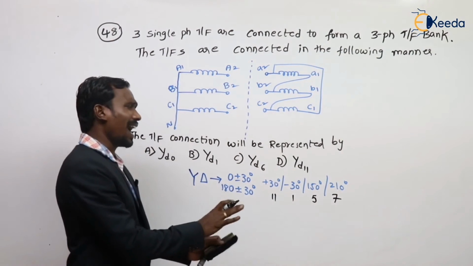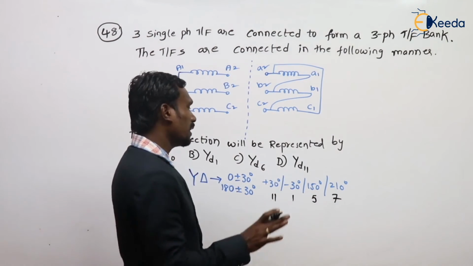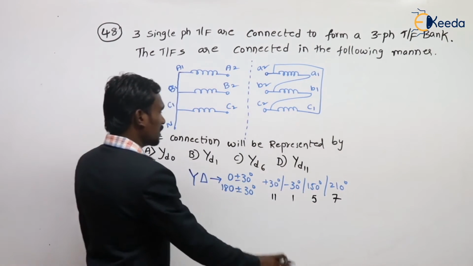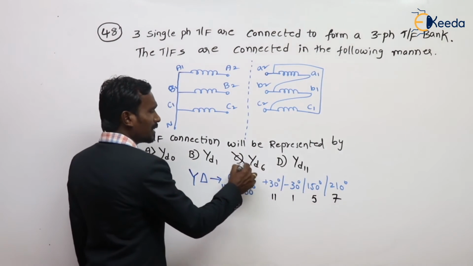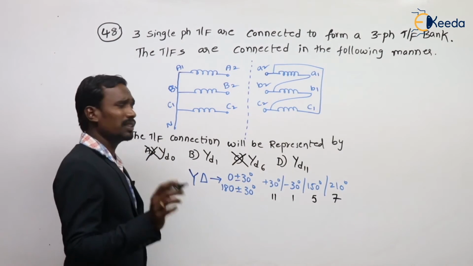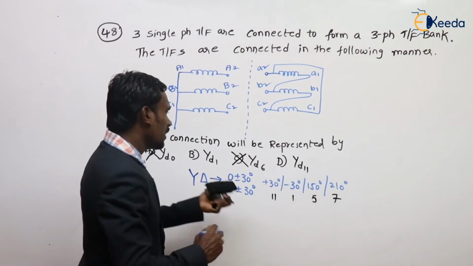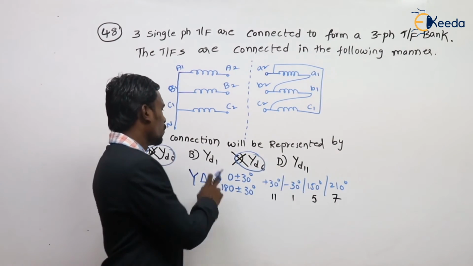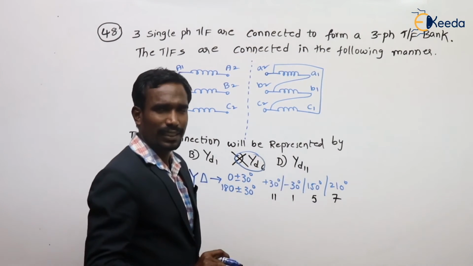These are the possibilities of phase differences. But in star delta, there is no possibility of 6 or 0. This is a must. First of all, these two are removed. These two are the wrong answers. Now, 1 or 12. Let's see.